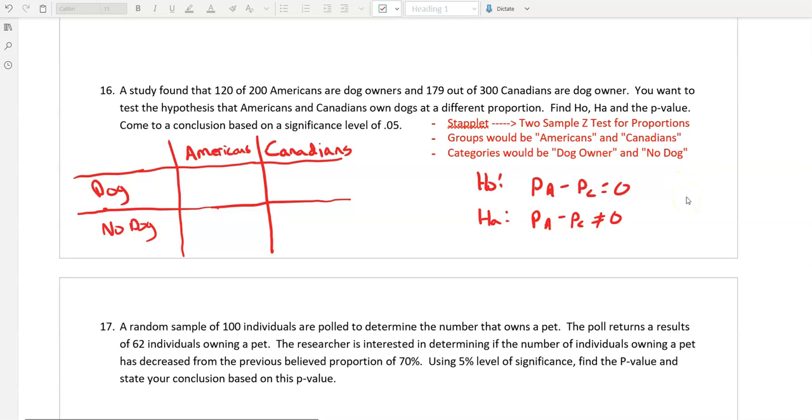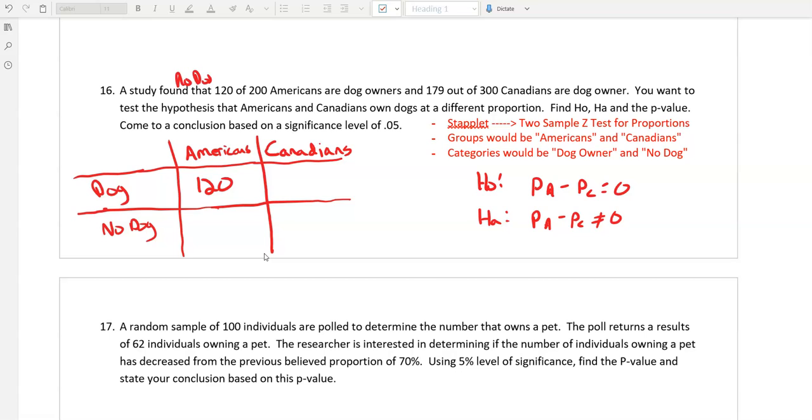And remember, when you do a two-sample z-test, you're going to end up with data like this, like a little table. So I split it up, and I put the groups on top, Americans and Canadians. And the categories go to the side, dog and don't own a dog. So 120 Americans out of 200 own a dog. So how many don't own a dog?